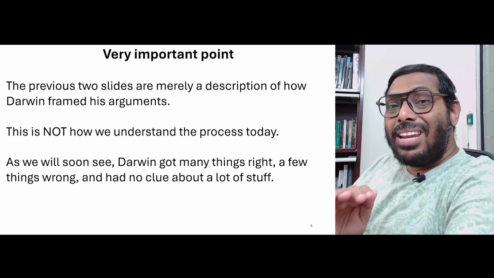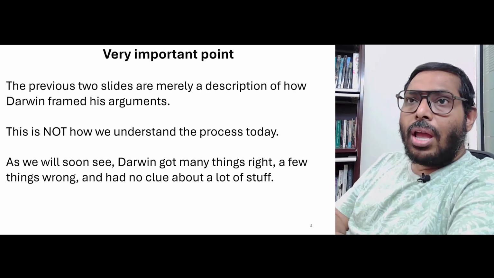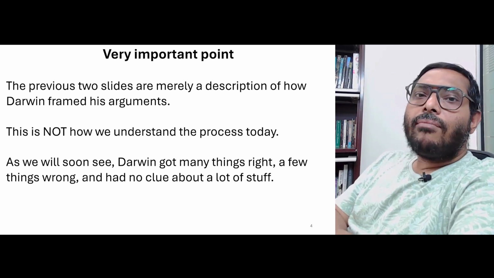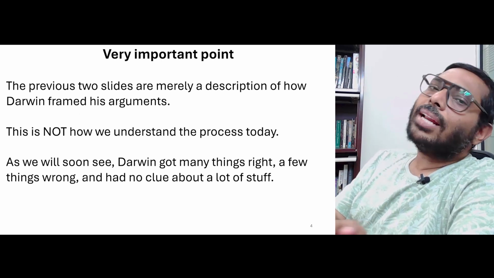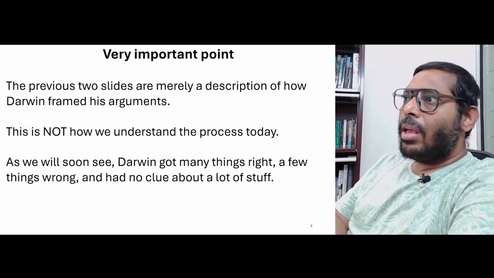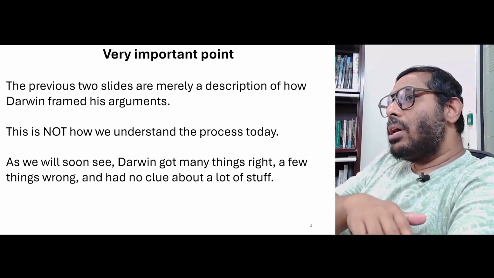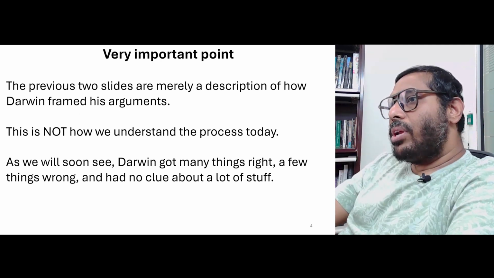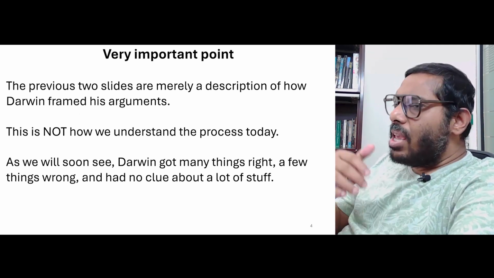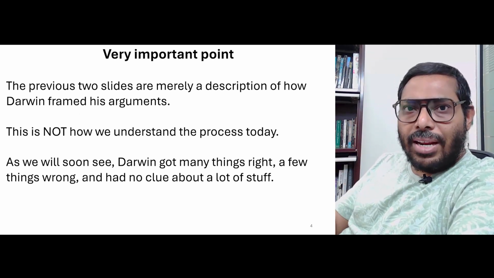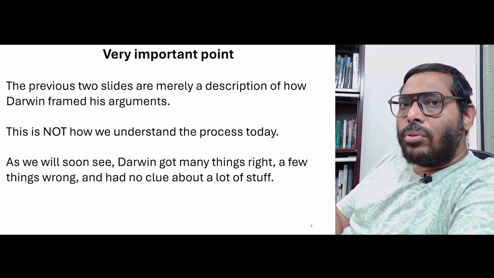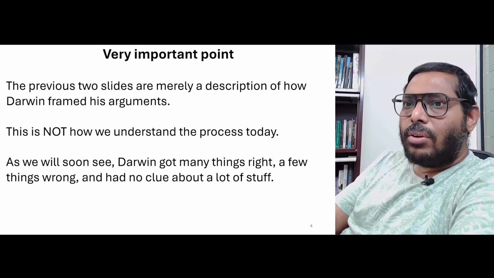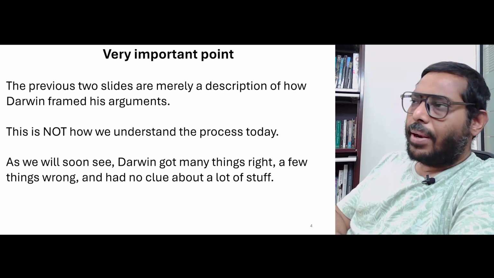He also got many things totally wrong, and frankly did not have any clue about a large number of other things. Over the next 150, 170 years, many people have worked on Darwin's ideas and have figured out which concepts are right and which are not correct.